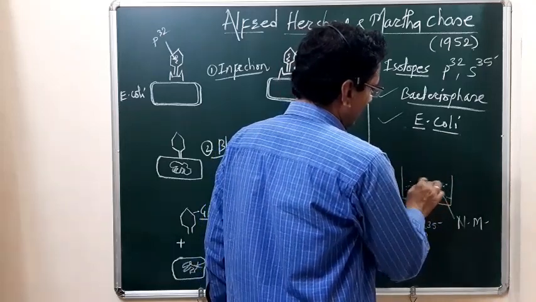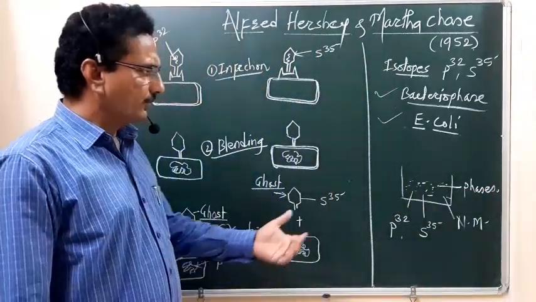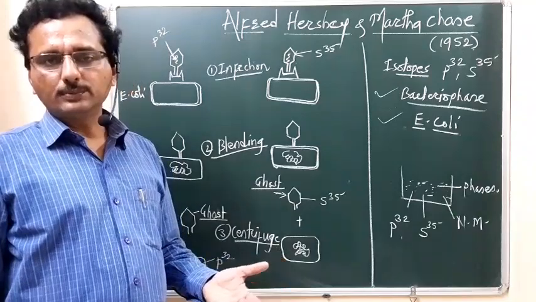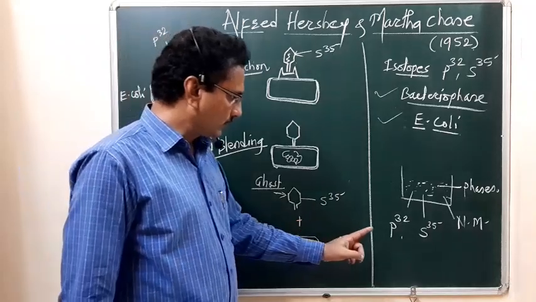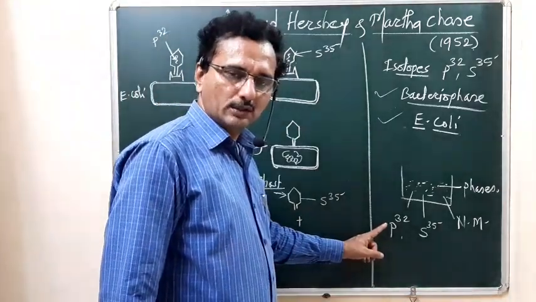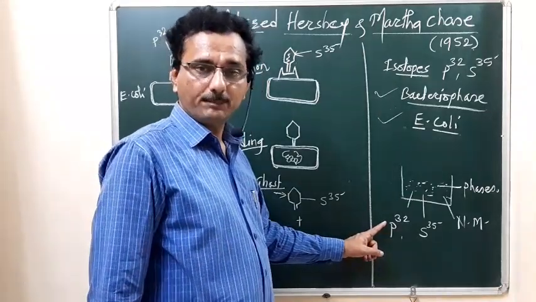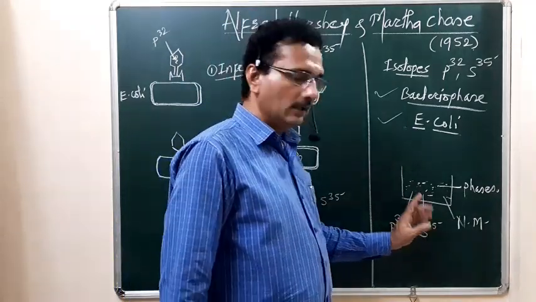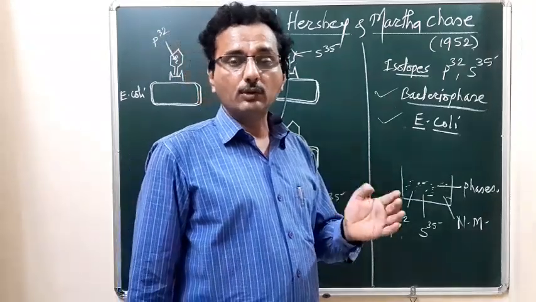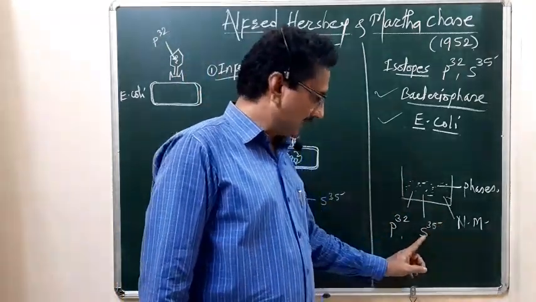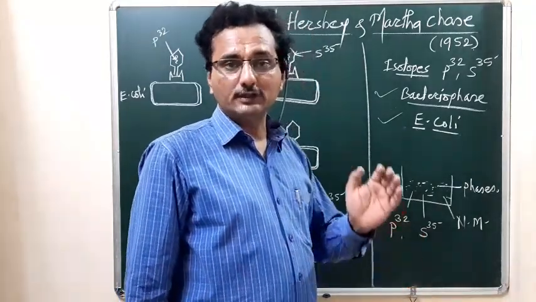Phages inside this nutrient medium. After a few generations, they obtained two types of bacteriophages: phages with radio-labeled DNA, because the phosphate is incorporated in the phage DNA, and phages with radio-labeled protein coat, because the heavy sulfur is incorporated in the protein coat of the bacteriophage.